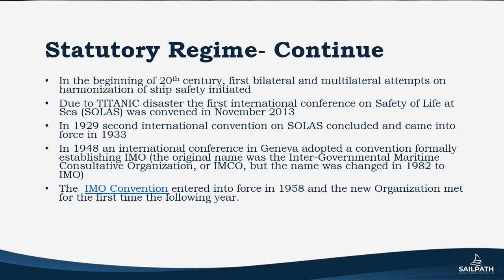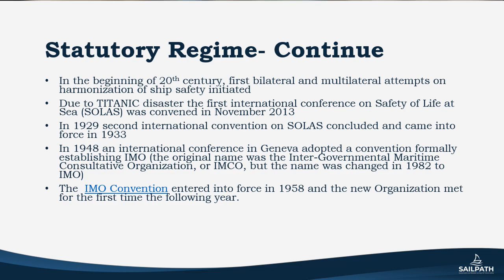In the beginning of the 20th century, the first bilateral and multilateral attempts at harmonization of ship safety were initiated. Due to the Titanic disaster, the first international conference on Safety of Life at Sea was convened in November 1913. In 1929, the second International Convention of SOLAS was concluded and came into force in 1933.